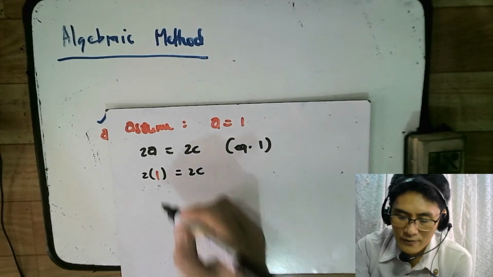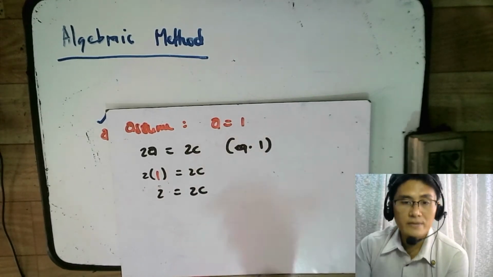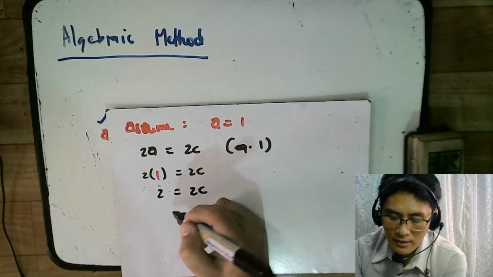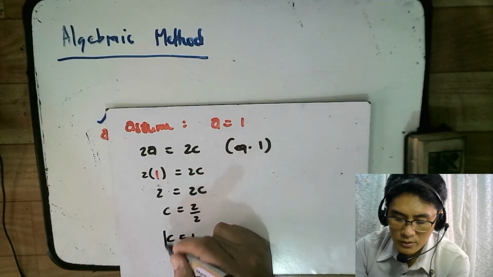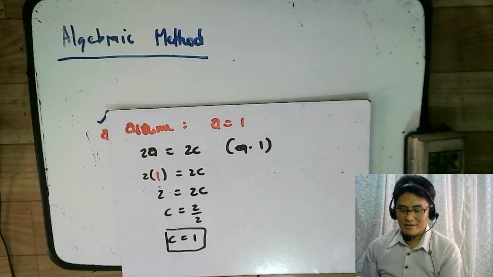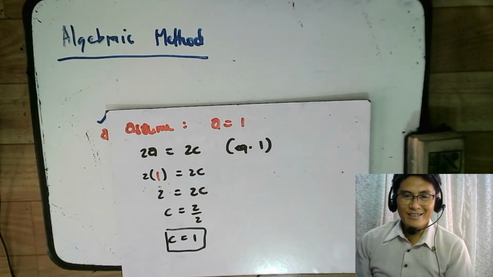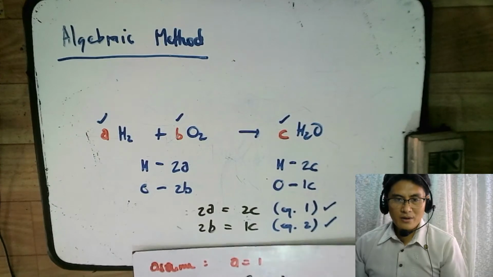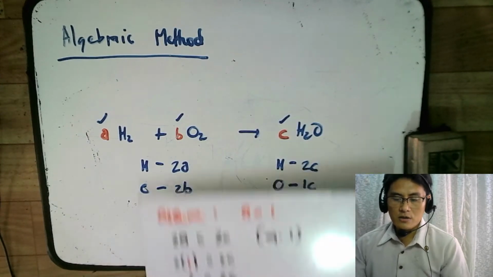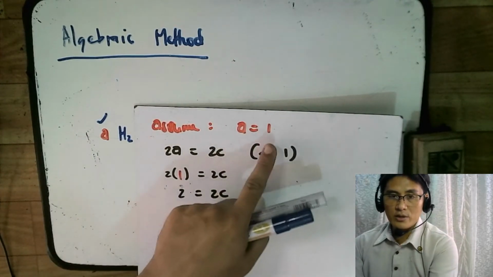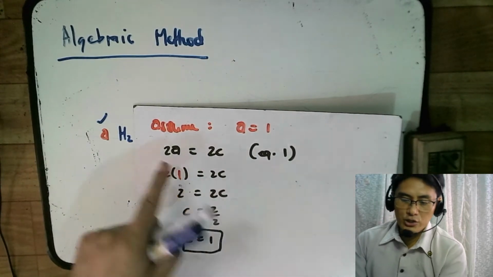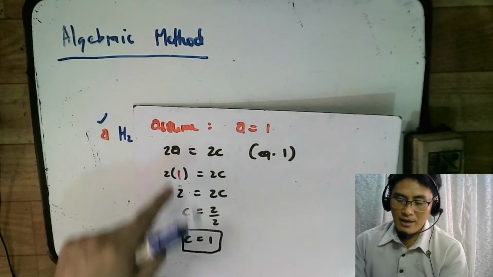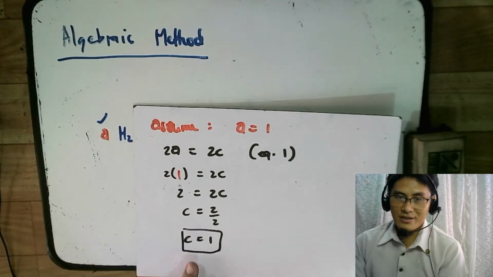And from that, we can have 2 equals 2C, right? And from here, we can have C equals 2 over 2, or C is equal to 1. Okay? So, again, what did we do? We created algebraic expressions. We assume one value is equal to 1, namely A. We use the substitution method to substitute that into one of the equations. Then we can solve for C.